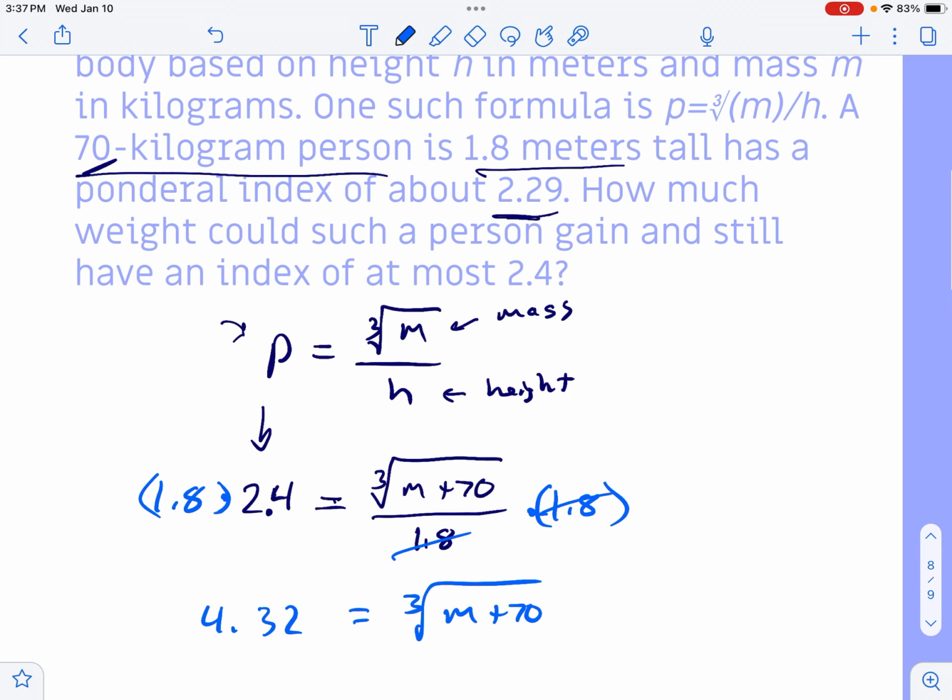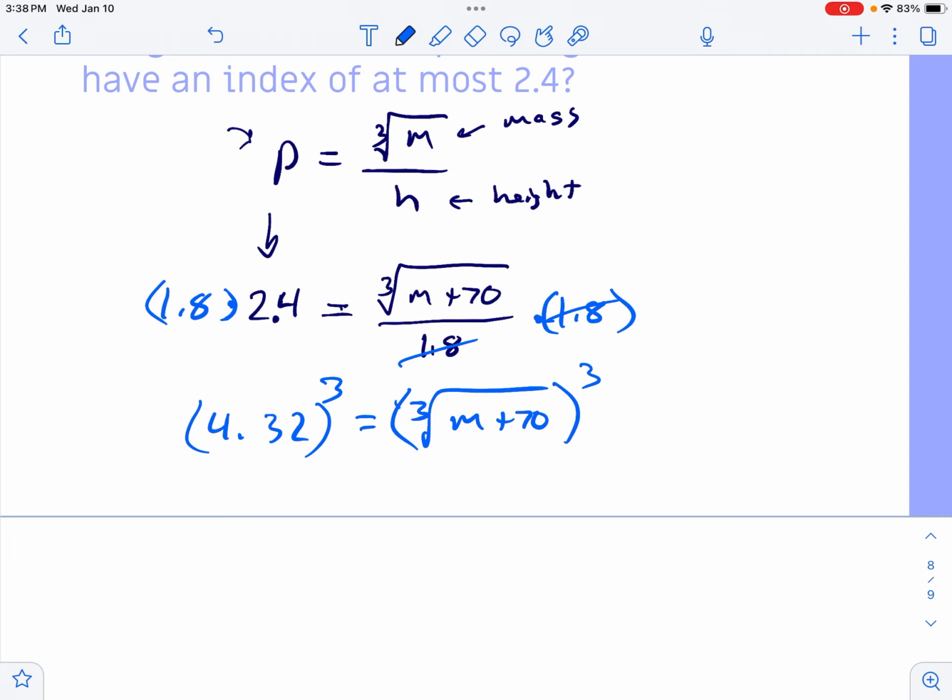Already at 70, we're going to add some mass to it. I got to get rid of this cube root, so I got to cube both sides. Okay, 4.32 cubed is 80.62. And that's equal to M plus 70, because the cube cancels out the cube root, and that's all I'm left with is M plus 70.